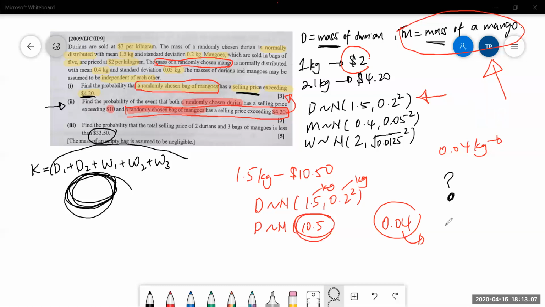It's 0.04 over 1.5 kg, so it's 0.04 divided by 1.5 times 10.5.